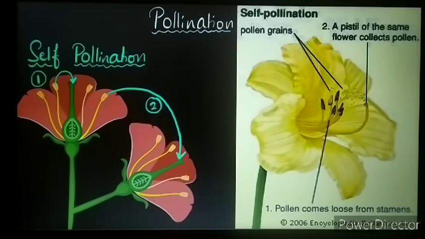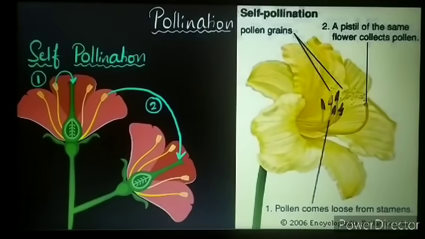Now, what do you think is cross-pollination? Any guesses? Now you must know what is the meaning of cross-pollination as you have learned about self-pollination. Self means within the same plant.